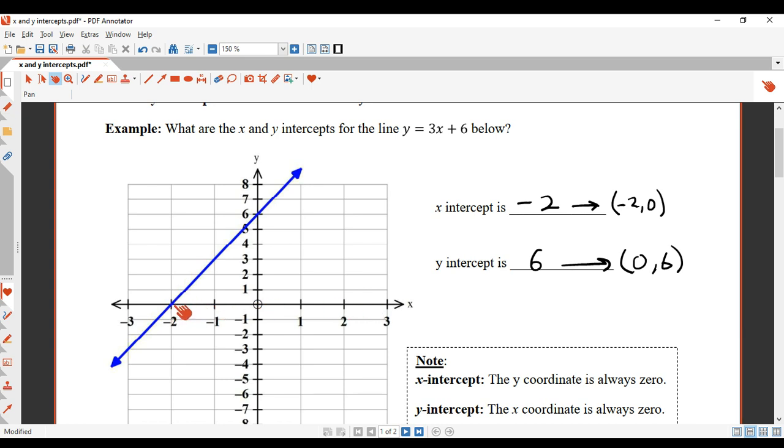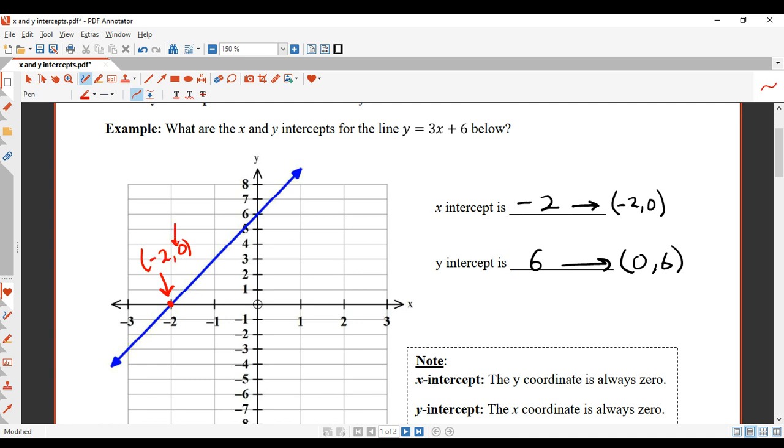So if you're talking about the x-intercept, down here, let's change colors for a minute. Here is my x-intercept just here. And if you wrote the coordinates of that point there, that'd be -2, 0.